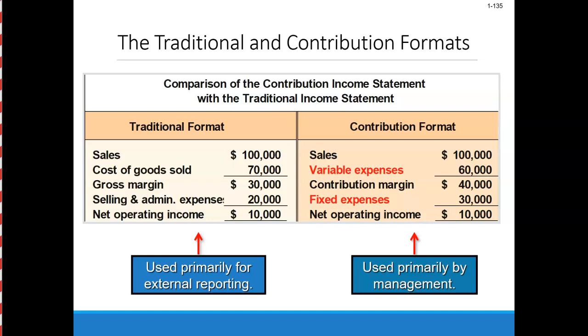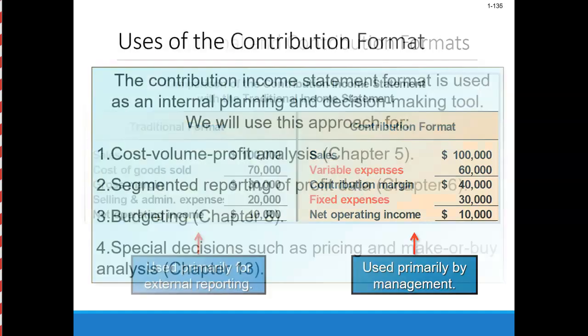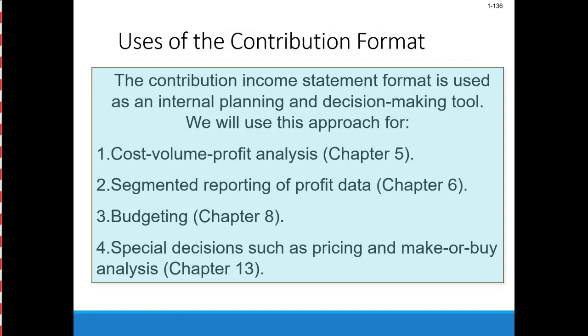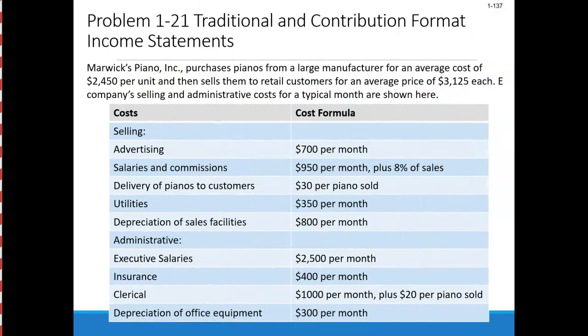For management, this is helpful to see what is available for the company to use towards those fixed expenses. It's used as an internal planning tool. We're going to look at this contribution statement in various chapters, Chapters 5, 6, 8. It's going to come back again, but you're going to learn about it.